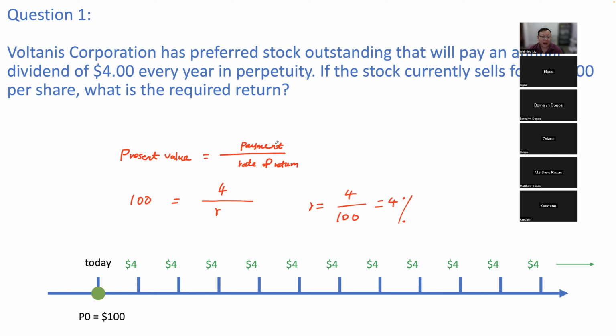If you understand this formula, it's pretty straightforward. So the question is, where does this formula come from?